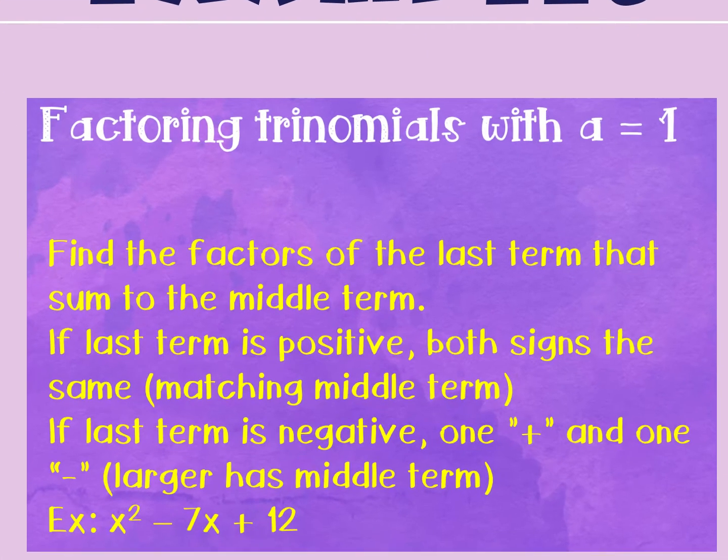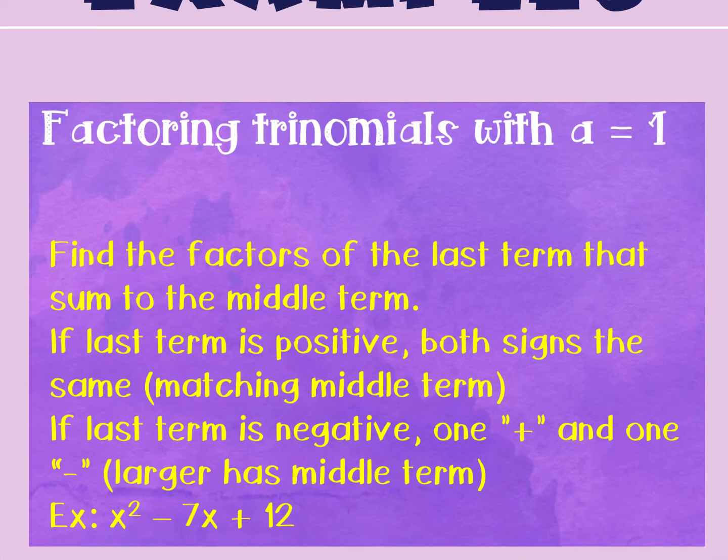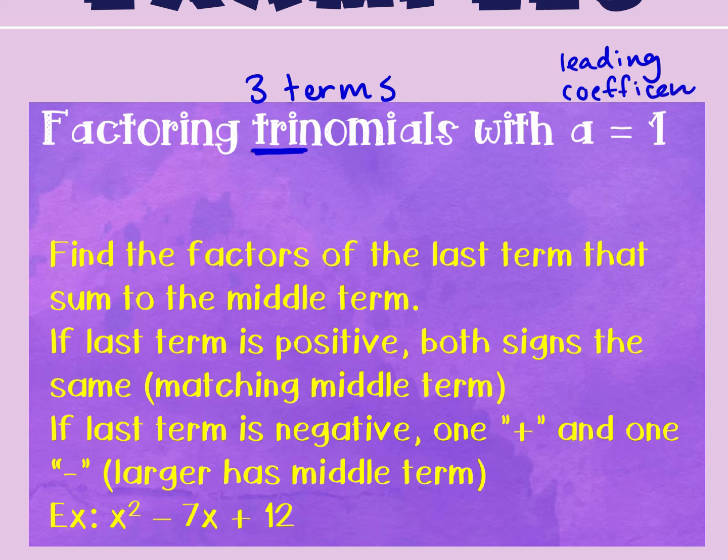So here we're going to be factoring trinomials with a equal to 1. So try, what do you think try means? 3. So it'll have 3 terms. And our leading coefficient is going to be 1.